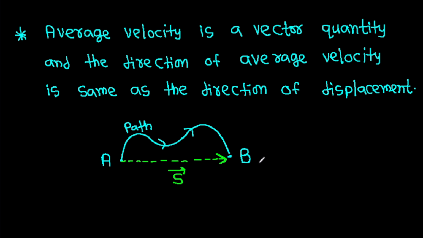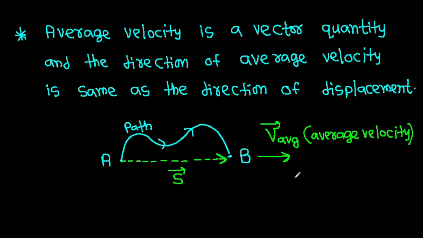So the direction of average velocity will be same as the direction of displacement vector.